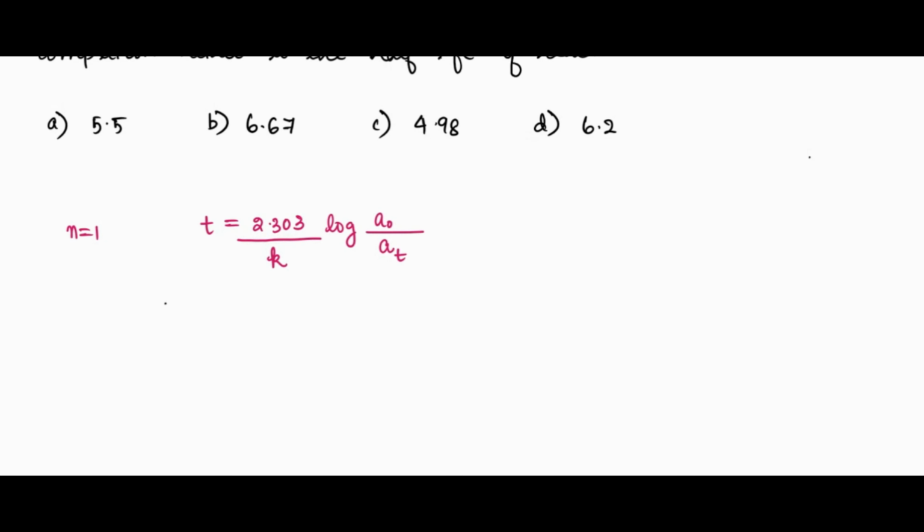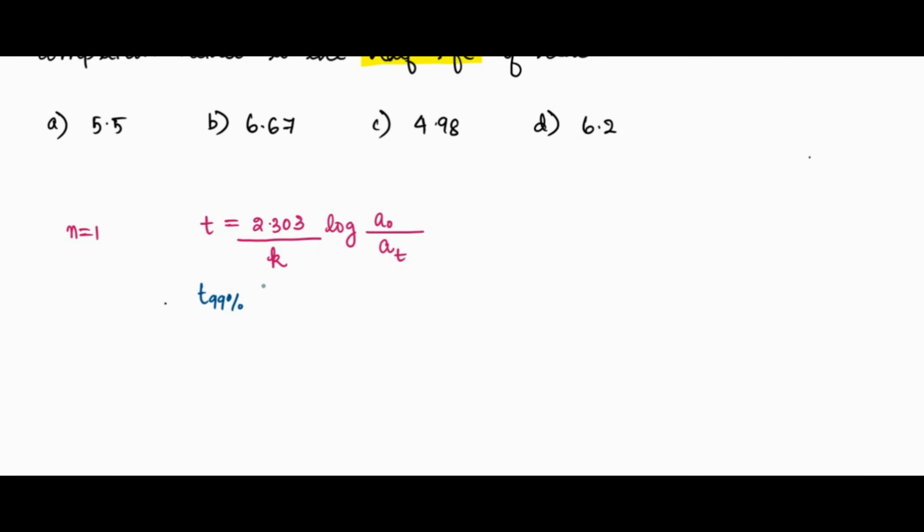They have asked about the time required for 99% completion and the half-life. What is half-life? Half-life is when 50% has reacted and 50% is left. That is half-life. So let's write the equation for both of these.